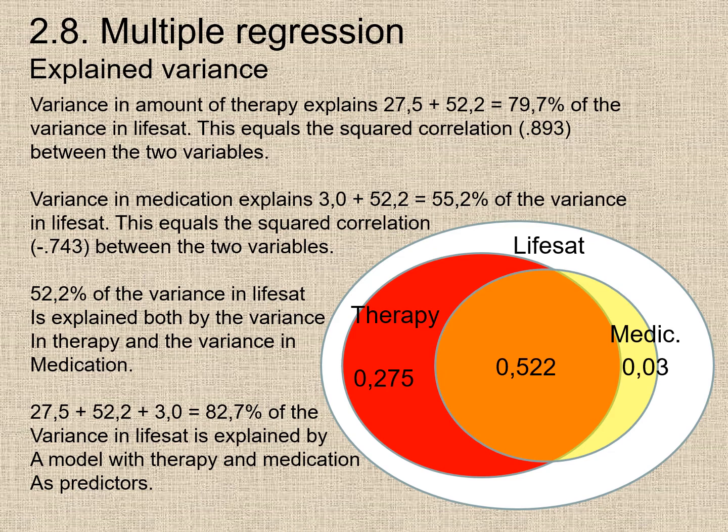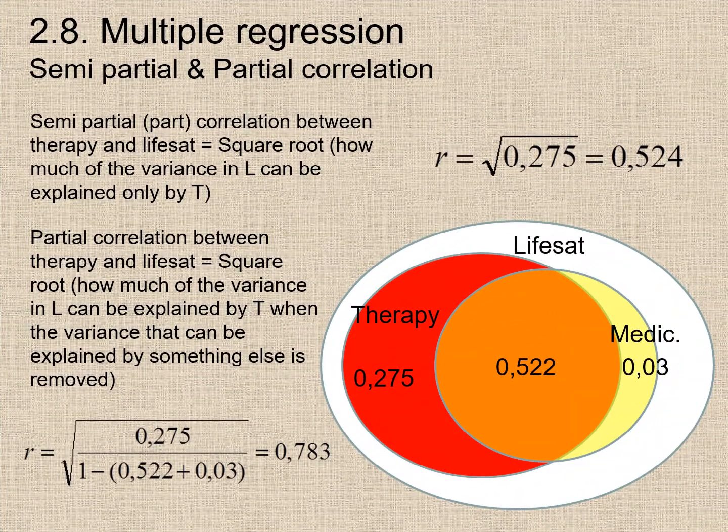I don't know if you have come across partial correlation, semi-partial correlation. Well, it's related to this. You could calculate them like this. Semi-partial correlation, you take the root, in this case semi-partial correlation for the association between therapy and life satisfaction. You take the square root of this number. 0.524.